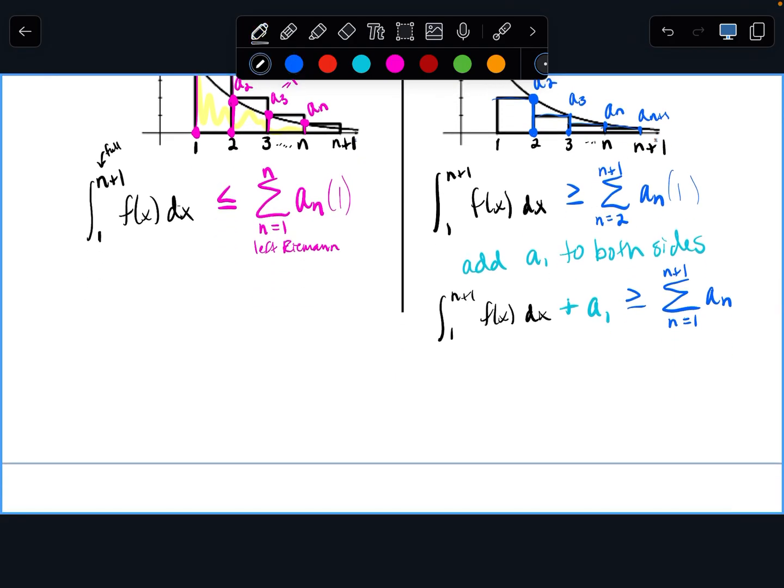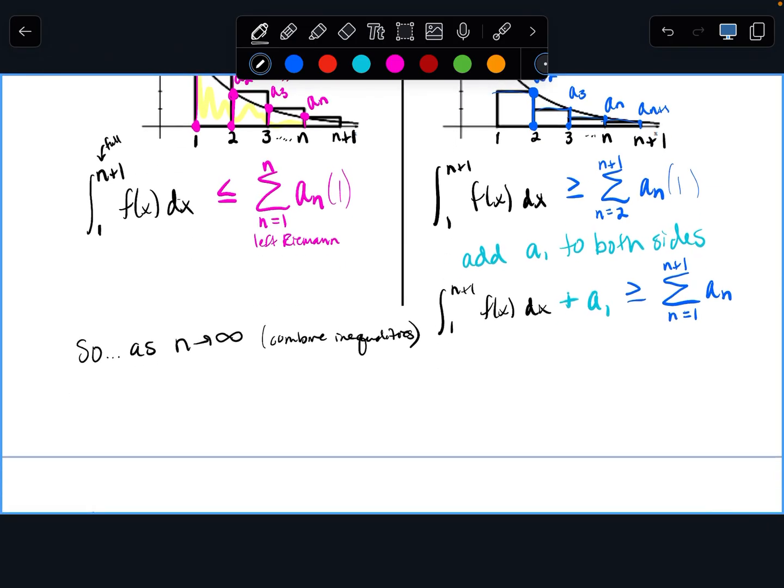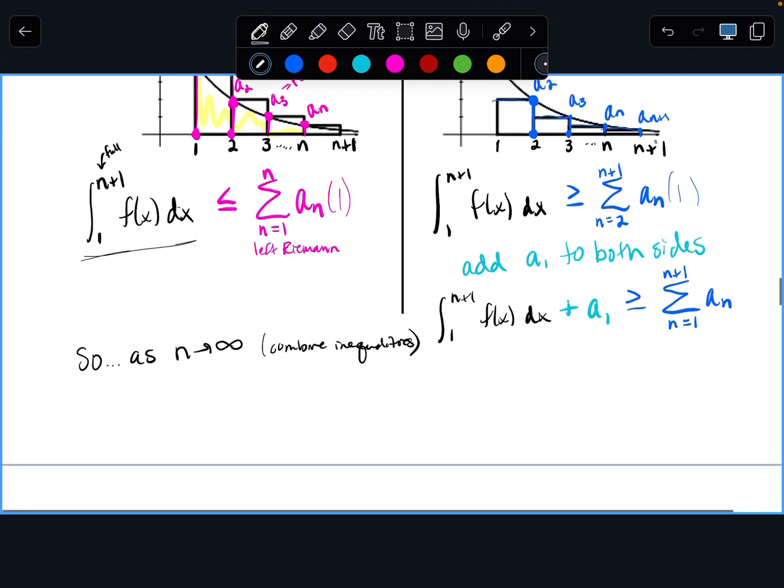Okay, so hold on. So, as n goes to infinity, if I were to combine these inequalities, I have, so my smallest thing here would be this guy. This guy would be my absolute smallest thing.